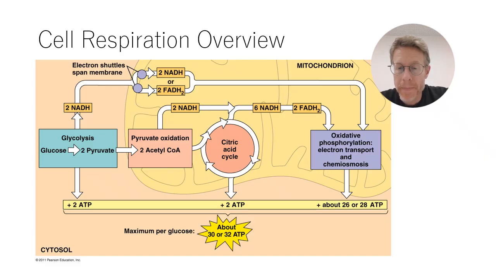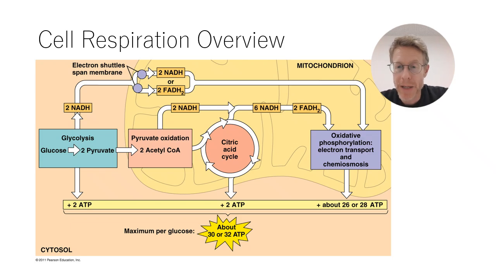Another critical structure for oxidative phosphorylation is the intermembrane space, the space between the inner and outer mitochondrial membrane. That space has a very small volume, compared to the matrix. And so that's really important because it allows for a concentration to build up rapidly.